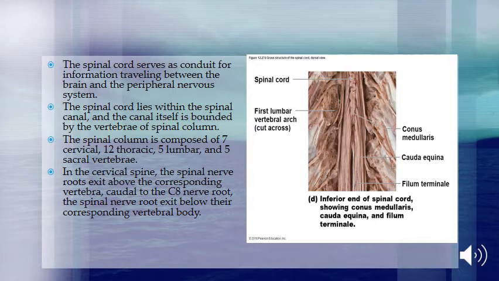While in the thoracic level, the thoracic segment has 12 pairs of spinal nerves, and it exits below the corresponding vertebral level. Example, T1 exits below the T1 vertebrae, and the lumbar also has 5 pairs of spinal nerves, and also it exits below the corresponding vertebrae, and so on till we have finally the coccygeal nerve, which exits below the coccyx.